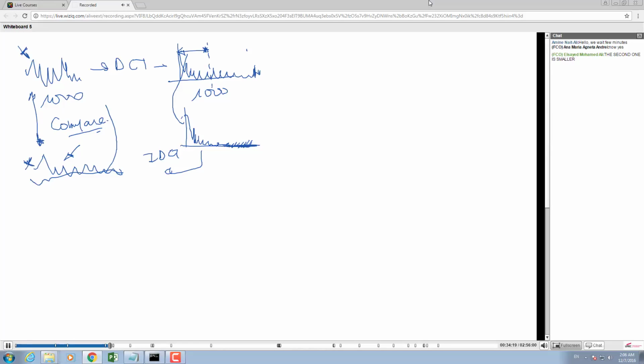And compared to this one, it takes less, in terms of size, it's much more optimized. Why? Because it has been created just by using maybe 100 samples. In the first one you have to save 1000 samples. In the second one you have to save only 100 samples.